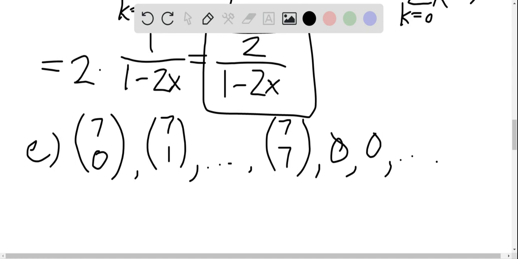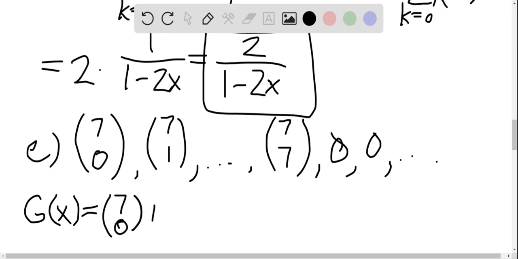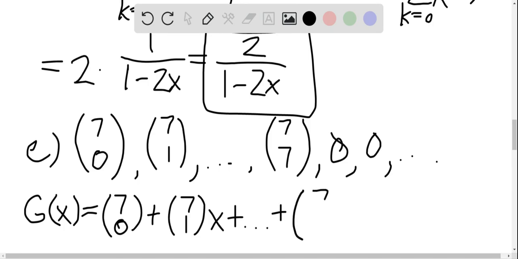The generating function for this sequence is going to be g of x is equal to 7 choose 0 plus 7 choose 1 x plus up to 7 choose 7, and this is x to the 7th.